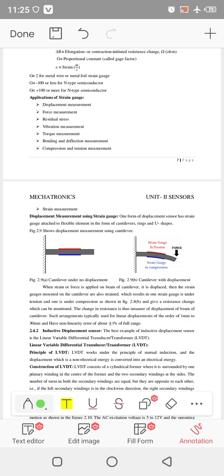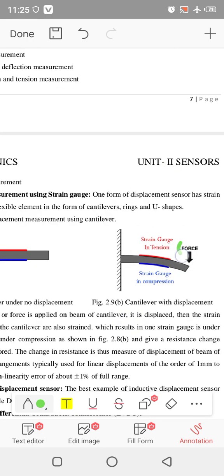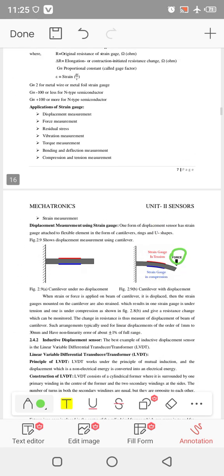Displacement measurement using strain gauge. One of the displacement sensors is the strain gauge. As we can see here, the strain gauge is attached on these materials. Then when we apply a force, this material moves or compresses.